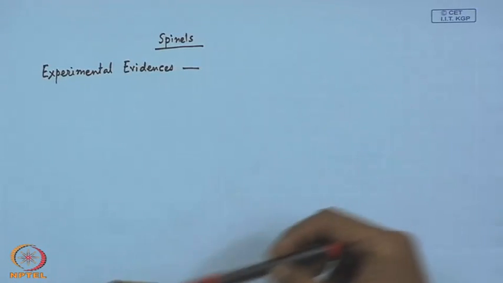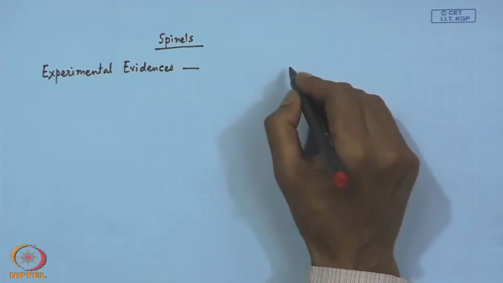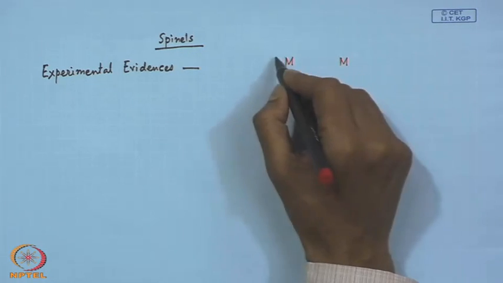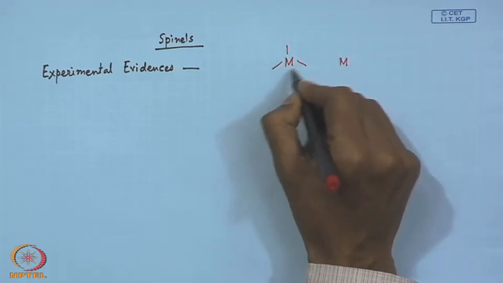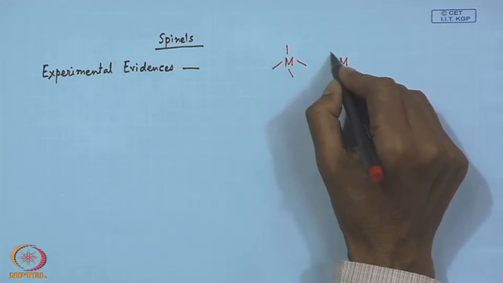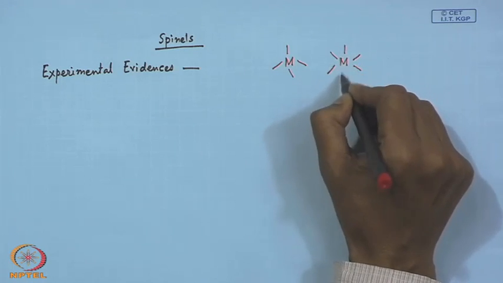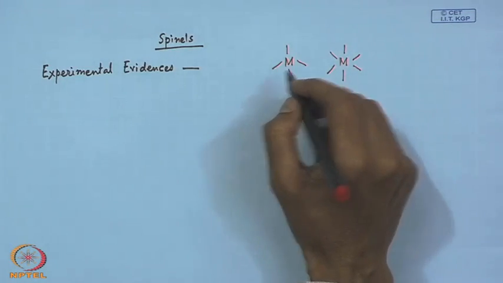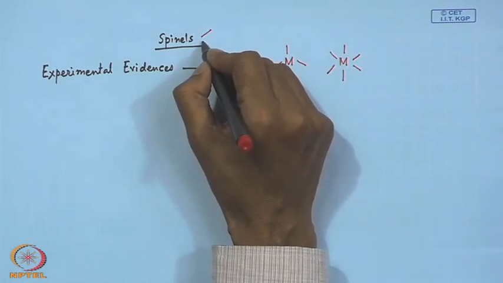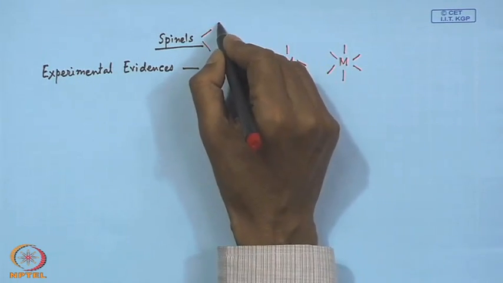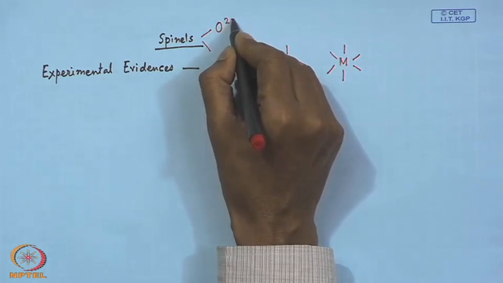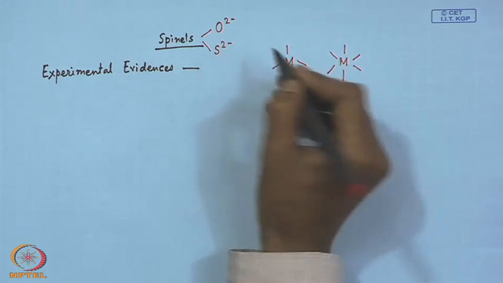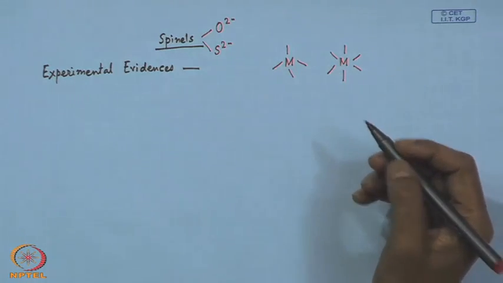That means, whenever a metal center is present and it can have immediate environments either tetrahedral or octahedral, and when we talk about these spinels, we can have these oxide anions, and today we will see also the sulfide anions.